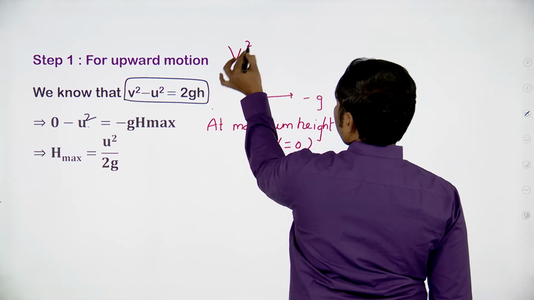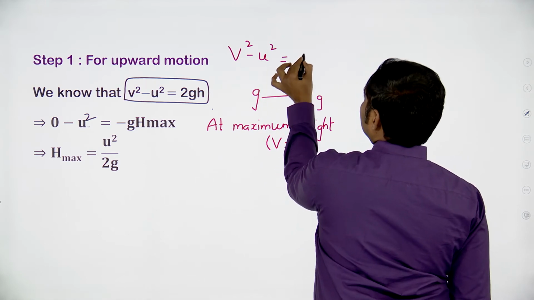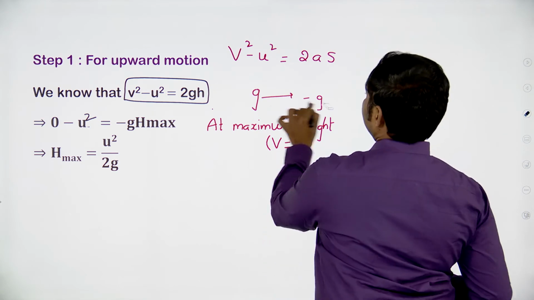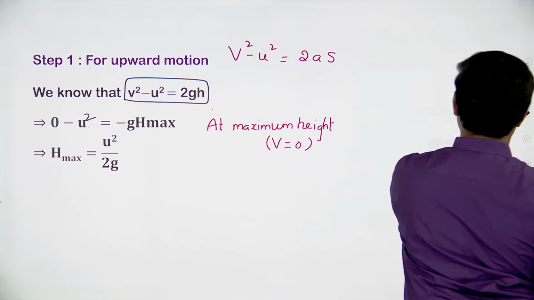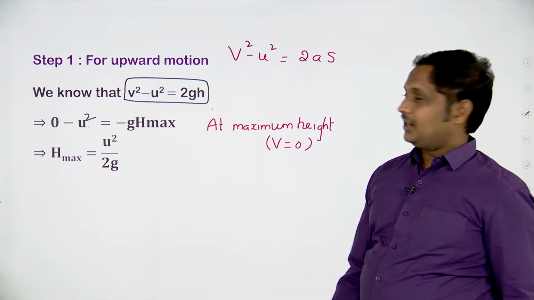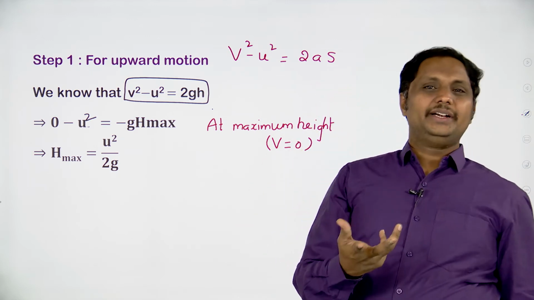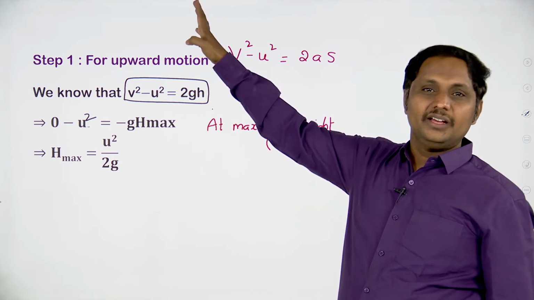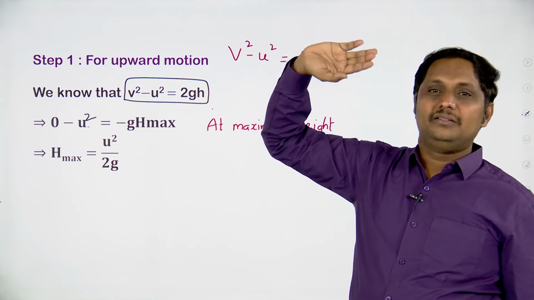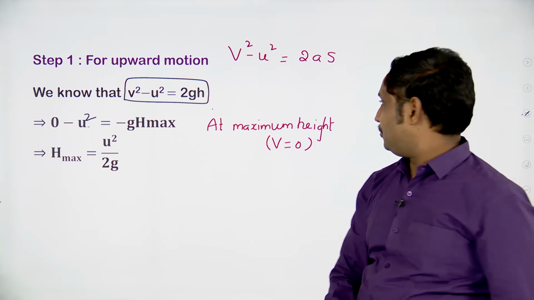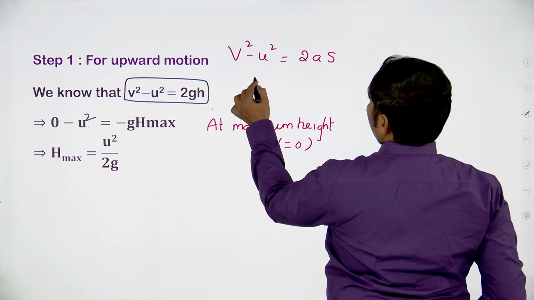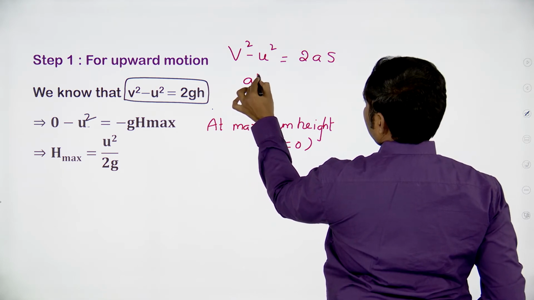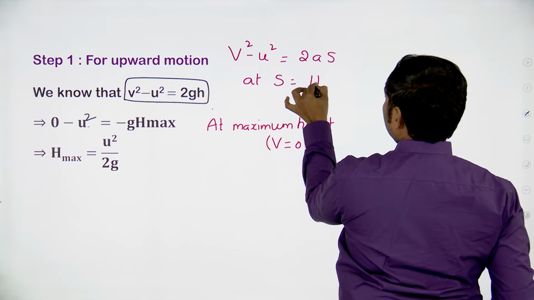Basically, we have V square minus U square is equal to 2AS. Very clear, we would like to go for this one. While you are talking about the final velocity, where does it reach the maximum height? Its final velocity is going to be 0. You have to get that at S is equal to H maximum.